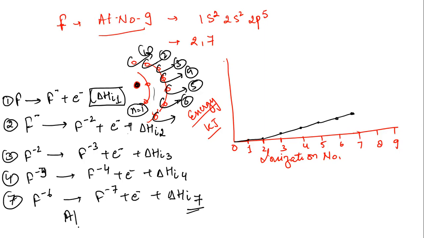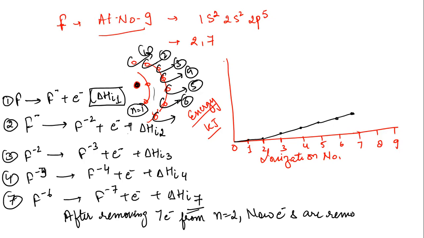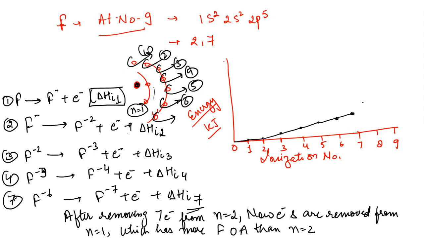After removing 7 electrons from n equals 2, electrons are removed from n equals 1, which has more force of attraction than n equals 2, so the energy will shoot up drastically.